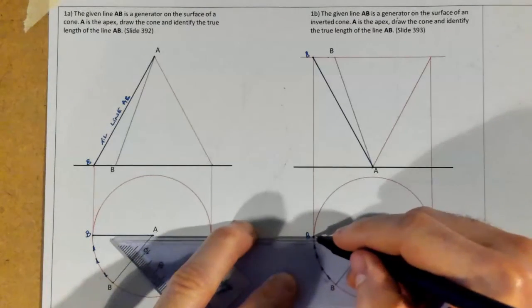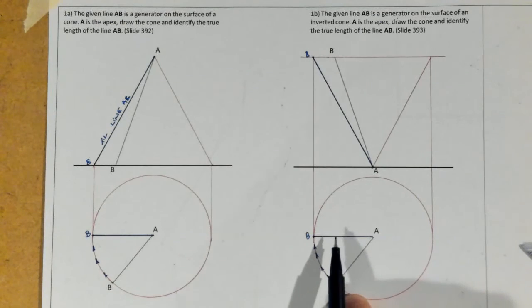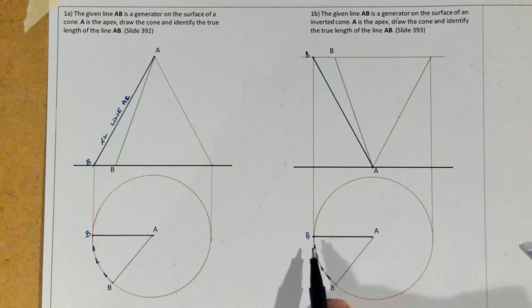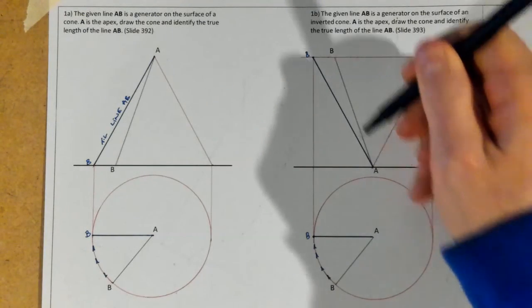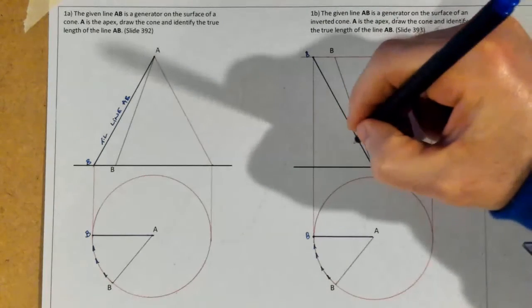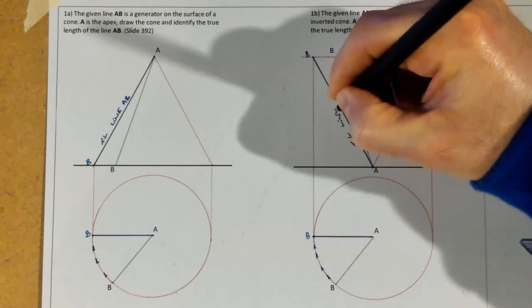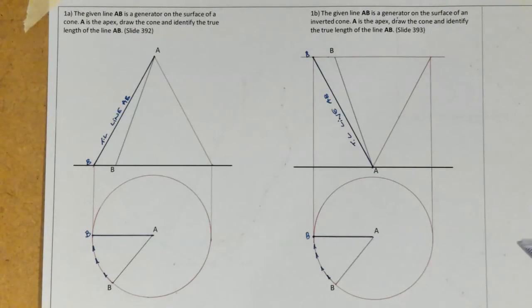And once again, why is it a true length? Because in plan we have the line AB, which we have now rotated around, is parallel with the XY line. That means it is a true length in elevation. So there I have true length line AB. Okay, I hope that helps. That is the two questions there complete.